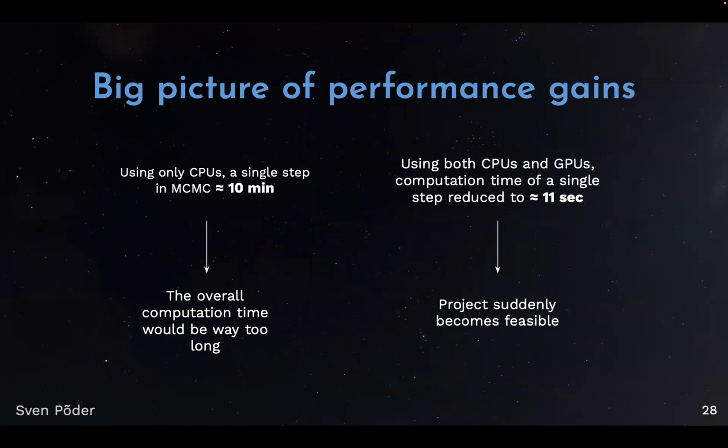If something is broken in the code, which is something you should assume always, it's not a good idea. But using, for example, 12 CPU cores coupled with 6 GPUs, one single step was reduced to 11 seconds. And now the project is suddenly feasible. So at the end of the day, all this rigorous code optimization and setting up these pipelines work.